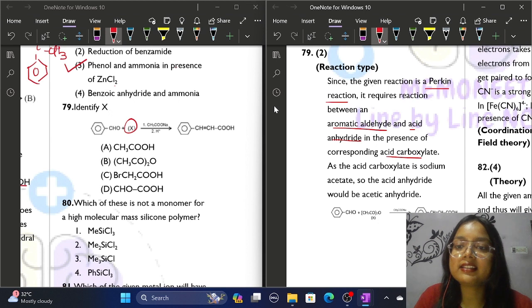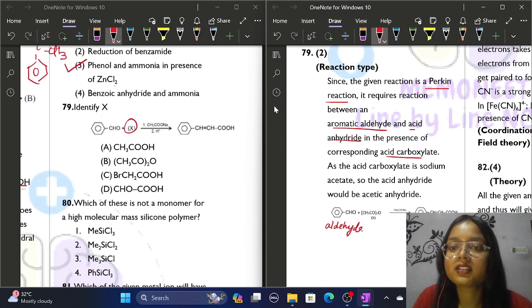As the carboxylate is sodium acetate, the acid anhydride would be acetic anhydride. This is the aromatic aldehyde, and this is an acid anhydride. On reaction, it will form acid carboxylate. No, sorry.